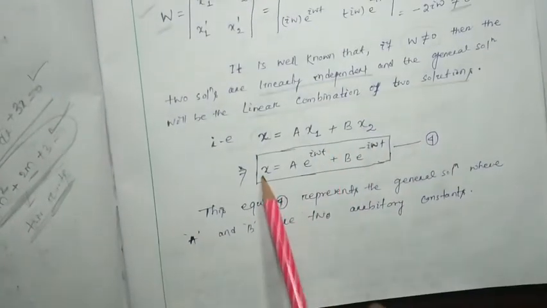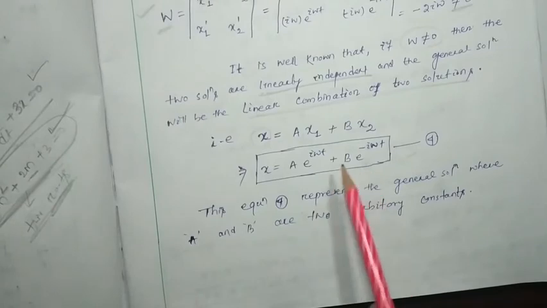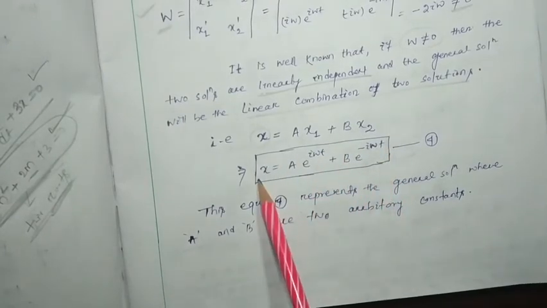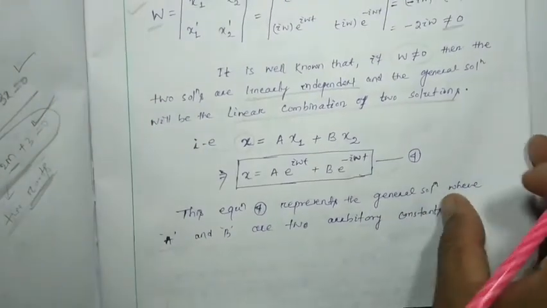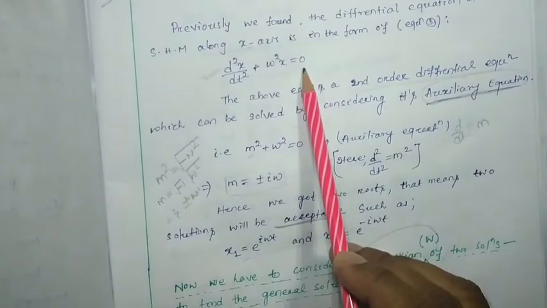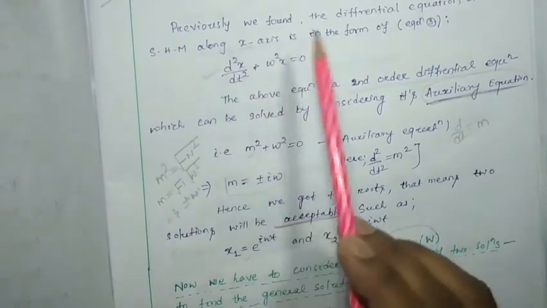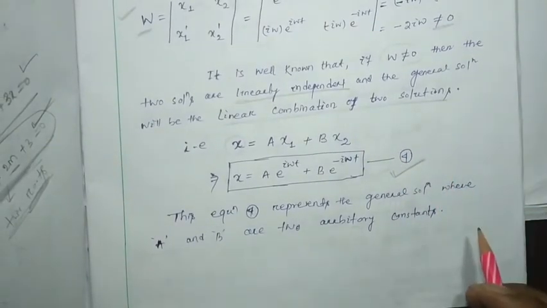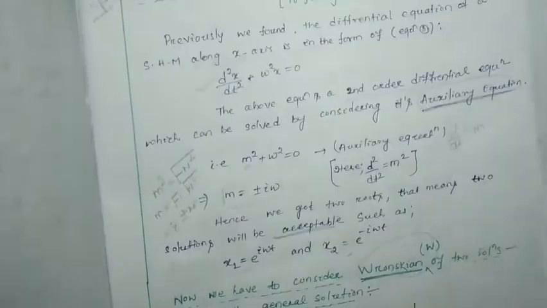That means x equal to a e to the I omega t plus b e to the minus I omega t will be the solution of the differential equation, that means of our simple harmonic motion. So this equation number 4 is also called the general solution of the differential equation.